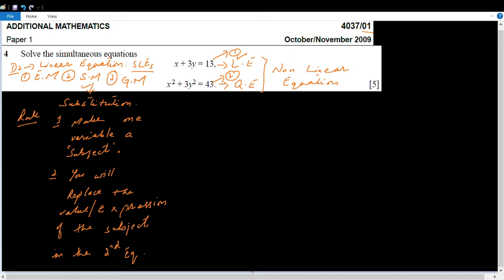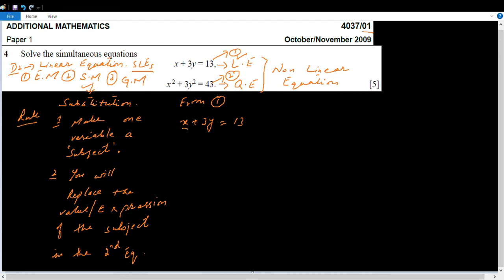So from equation 1, we have x plus 3y is equal to 13, so I have two choices here. I can make y subject or x subject, but if I make x subject, then the equation will have a very simple form.